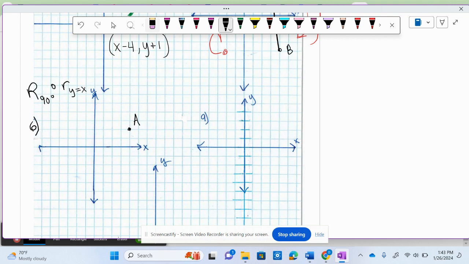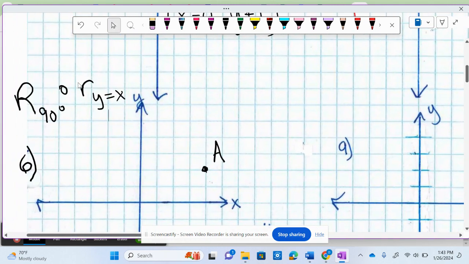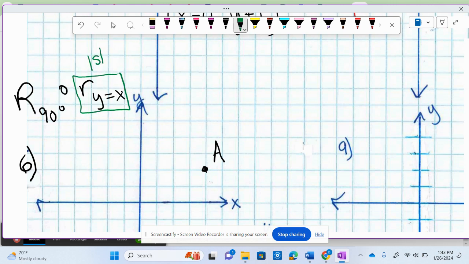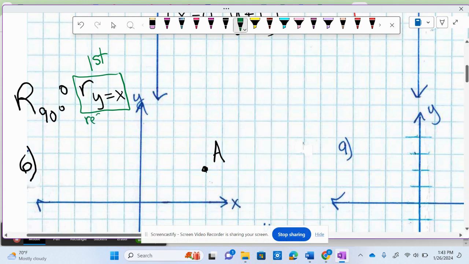So let's talk about what those mean. First off, when you do a composition, you do the last item first. So this little r means that I'm reflecting over the line y equals x.